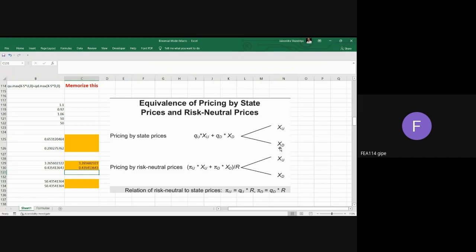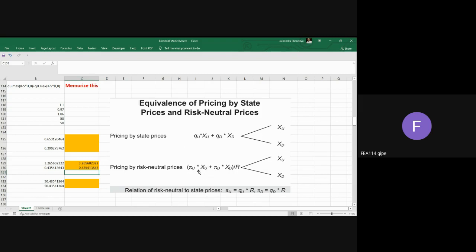If XD is the value of the option in the downside, then QD and XD is going to be the price for that. If I sum them together, that should be the fair valuation, assuming that they are going to be XU and XD in the two states.